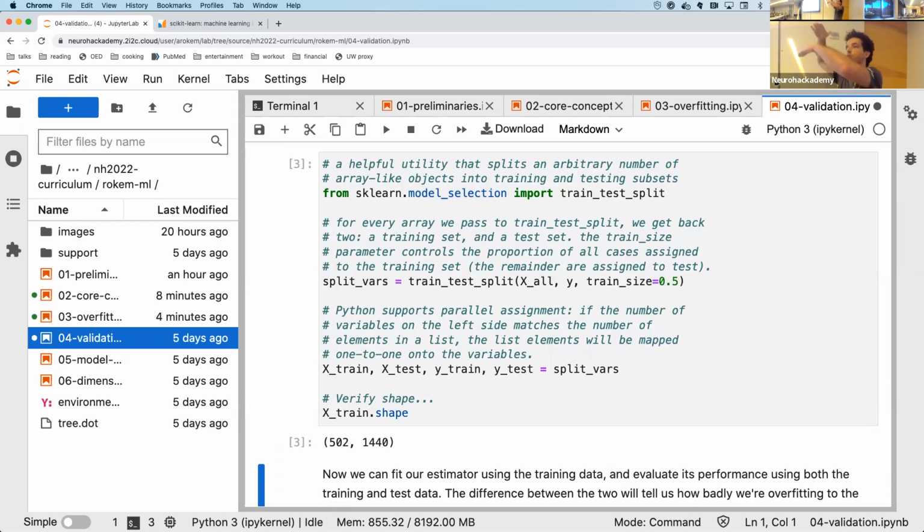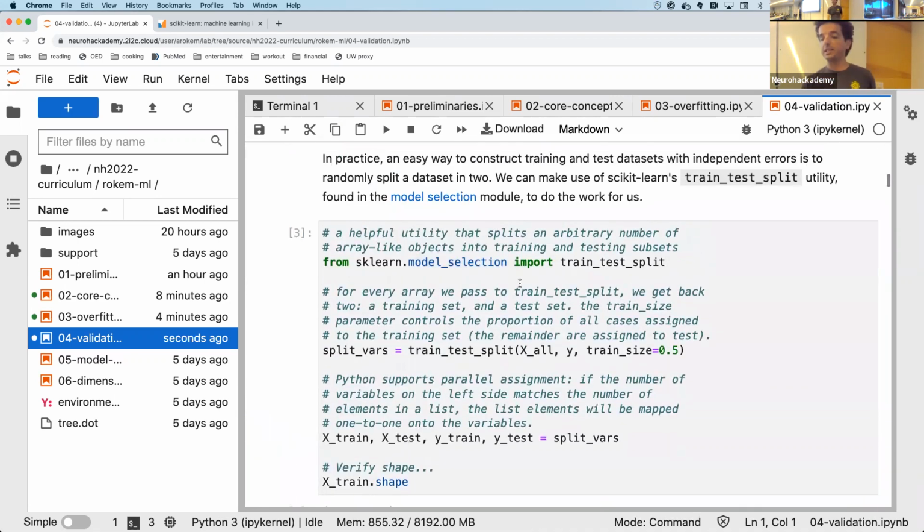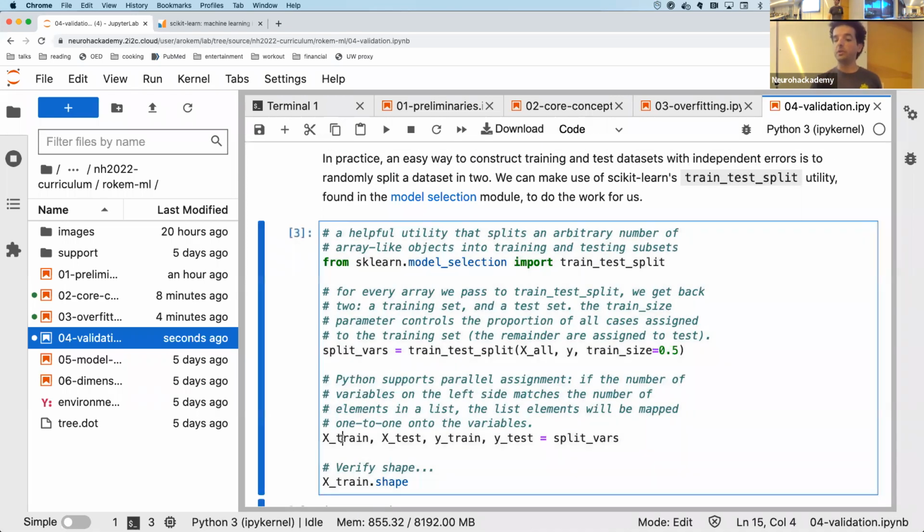It randomly selects half of the rows, not necessarily the top half, and assigns them to a variable called xtrain. The other half go into xtest, and then ytrain and ytest. The nice thing about this function is that they're matched: the rows of ytrain are the same rows as xtrain, and the rows of xtest are the same as ytest. They're yoked to each other in the split.